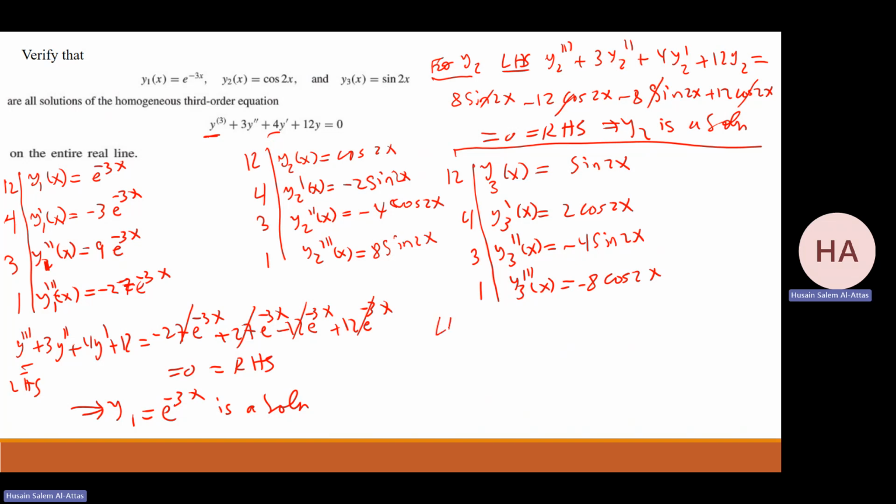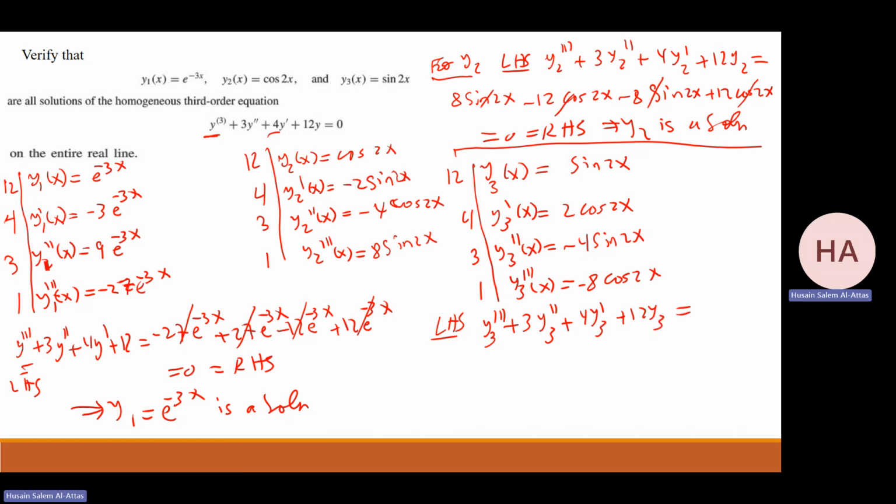I'll check the left-hand side, which is y3 triple prime plus 3 y3 double prime plus 4 y3 prime plus 12 y3.